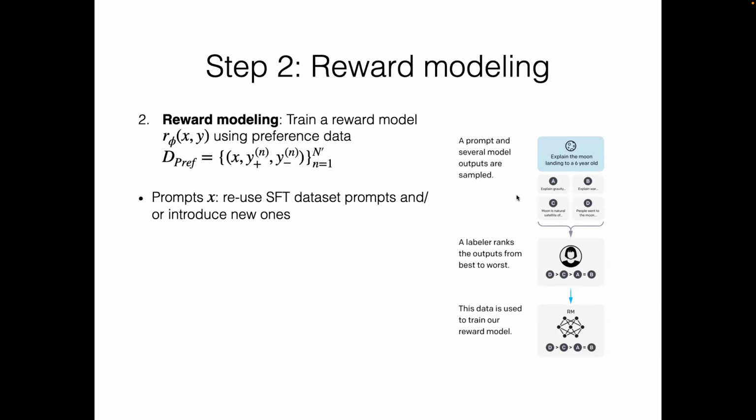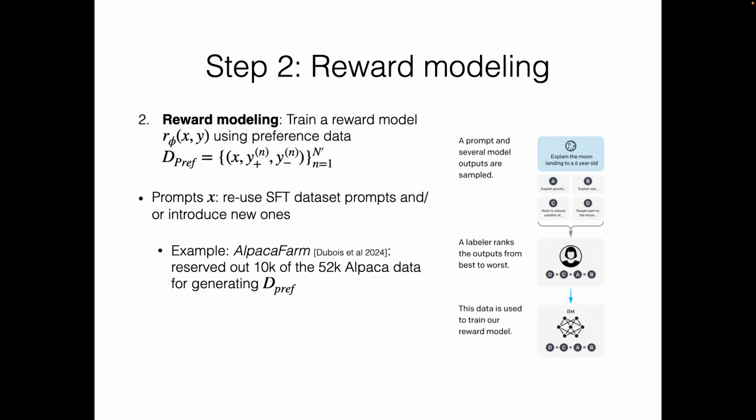So if you want to do this in practice, then you have to decide what your inputs are and then how you collect these preference ratings. So just as one example, there's this paper which did this whole RLHF pipeline, and they, for instance, took some of their data from the SFT step or from the same data set and then set it aside for training the reward model.